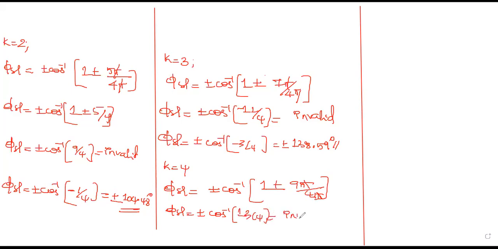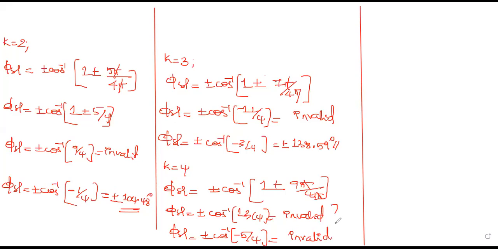Again, this is invalid. Now go for phi SL is equal to plus or minus cos inverse of 1 minus 9 by 4, that is minus 5 by 4. What is the answer? Invalid. Invalid.